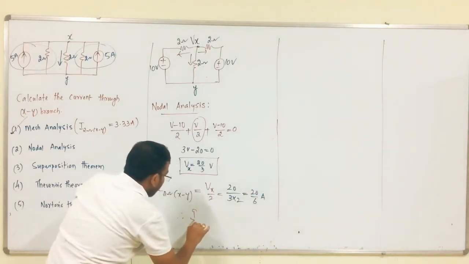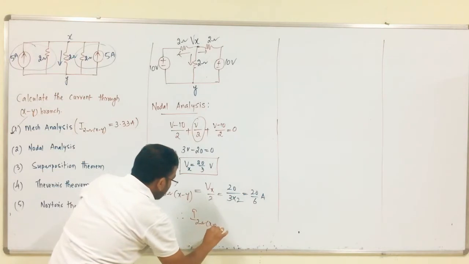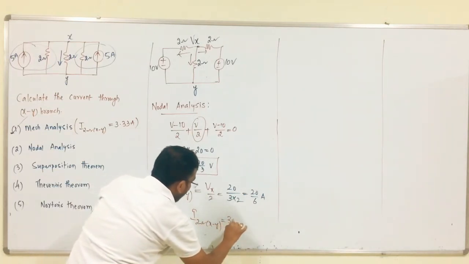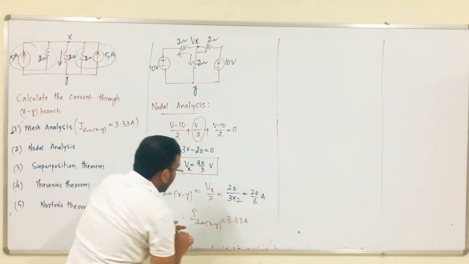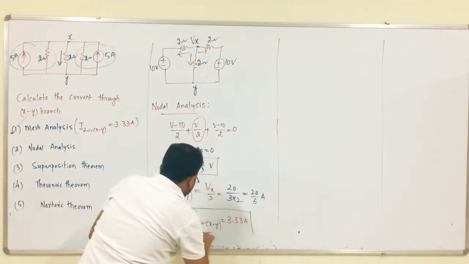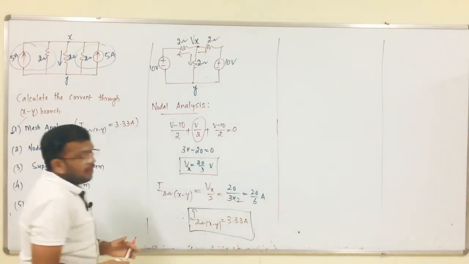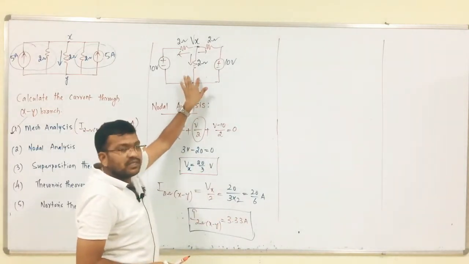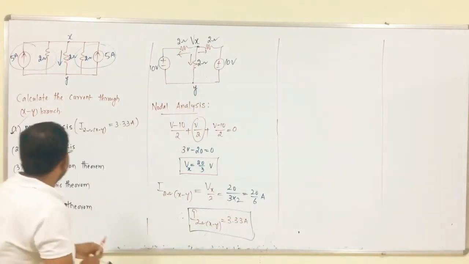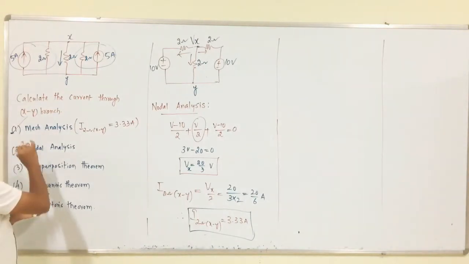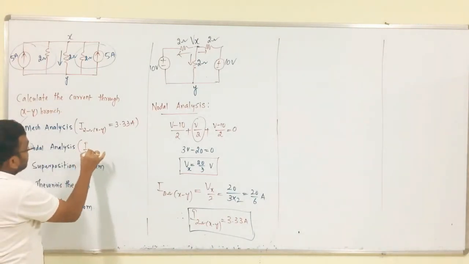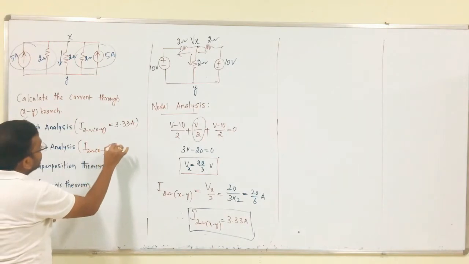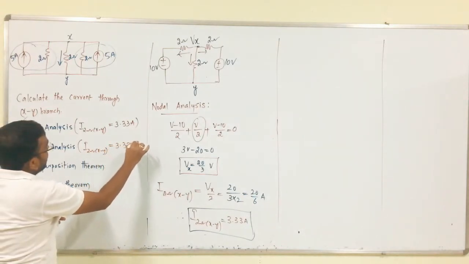Therefore, the current through the 2 ohm branch between X and Y is 3.33 amps. So, by using nodal analysis also, we have the same value of current through this branch, 3.33 amps.